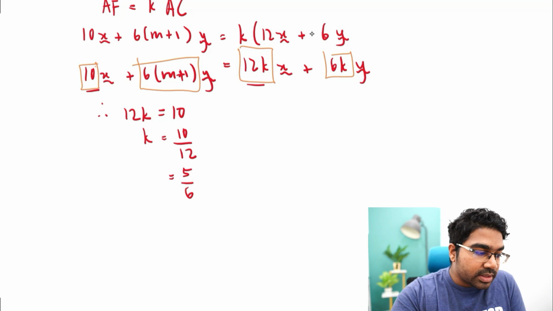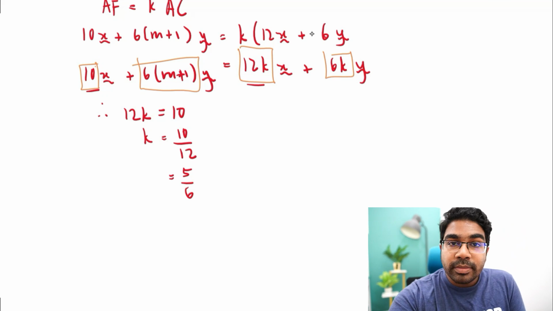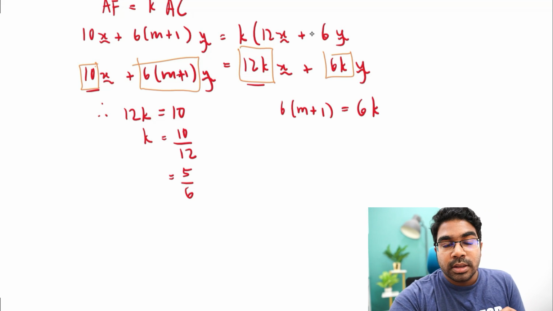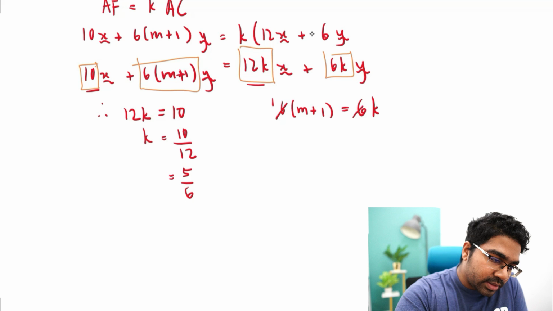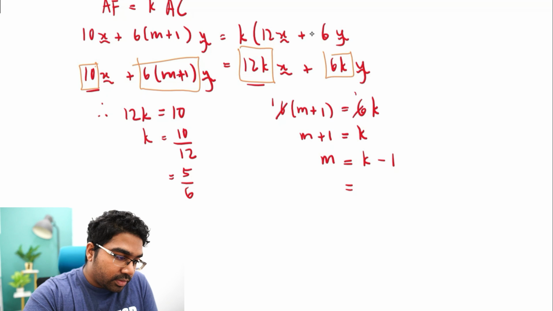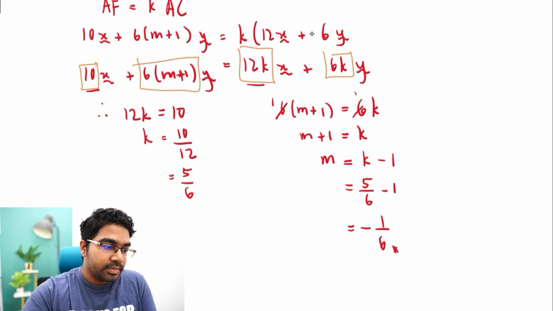We can do the comparison for the y vector as well. Therefore, 6m plus 1 equals 6k. Now, we can divide 6 on both sides. So, m plus 1 equals k. m equals k minus 1. And what is k? We just found k earlier, which is 5 over 6 minus 1. This is negative 1 over 6.